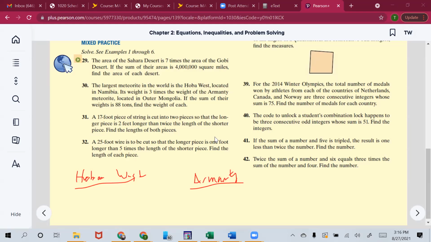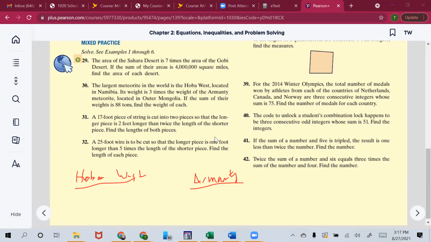Now, we know one of them has to be called X, or the weight. It turns out that the Hoba West is based off of the weight of the Armonti. So this is going to tell you which one needs to be called X.